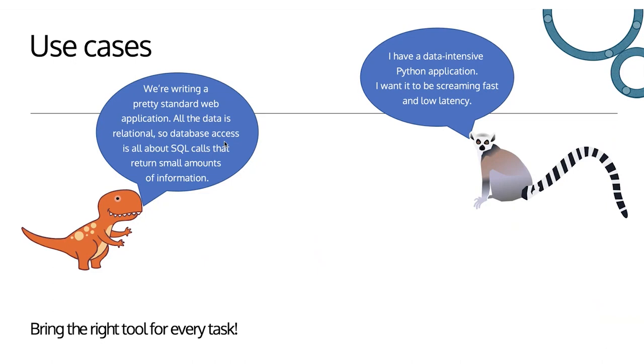And in that case, you need it to be very, very fast, and you need as low latency as possible. There's a range of analytic applications and machine learning and AI applications that fall into this category.